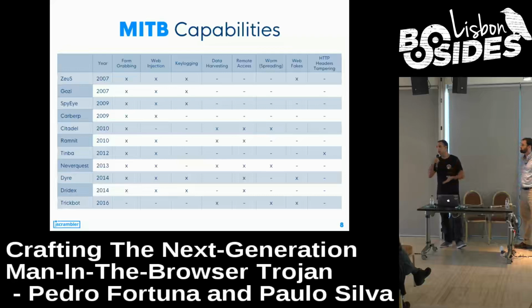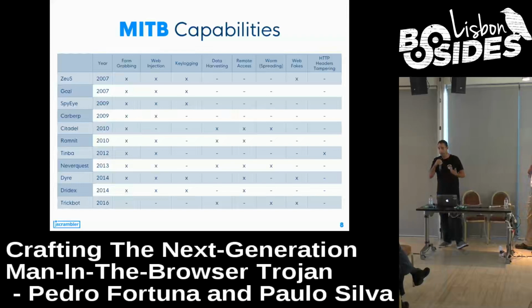And these two are almost mandatory for any man-in-the-browser Trojan, so they probably include these two for sure. But there are other capabilities like keylogging, the ability to do data harvesting and exfiltration, remote access, also known as RAT Trojans. And a few are capable of spreading out like worms.